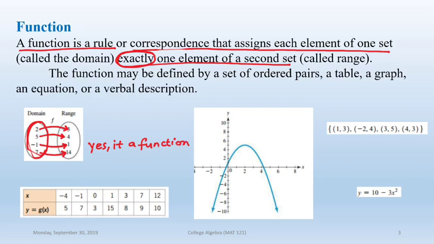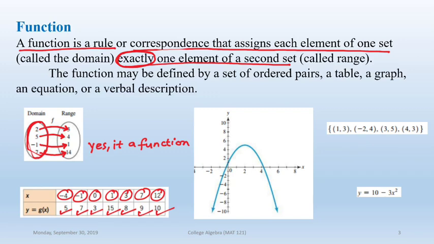Similarly, if you look at this table, -4 has only one value, 5, -1 has 7, 0 has only one value, 1 has only one value, 3 has only one value, 7 has only one value, 12 has only one value. So that means this table represents a function.